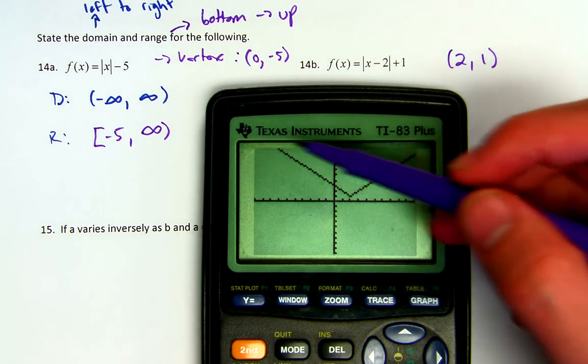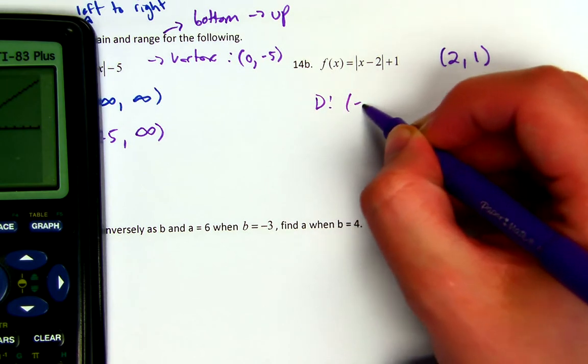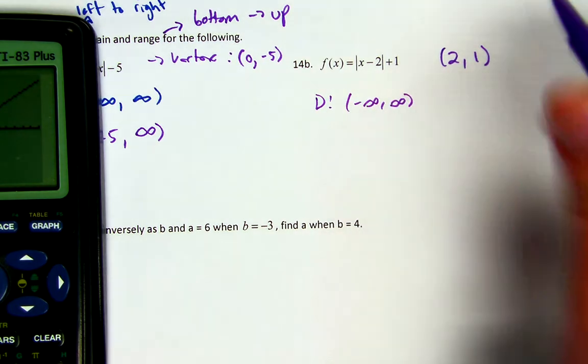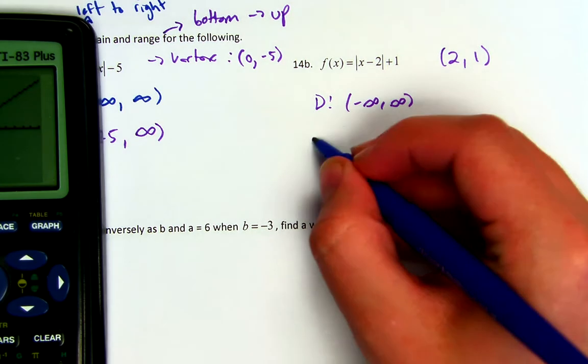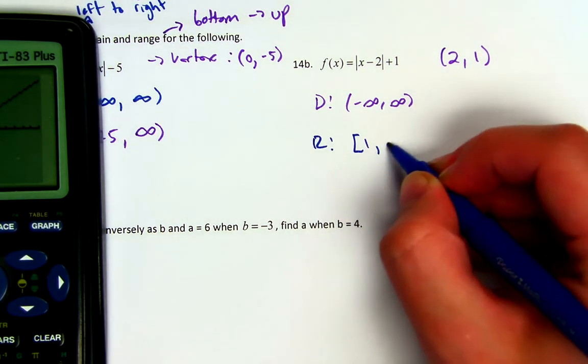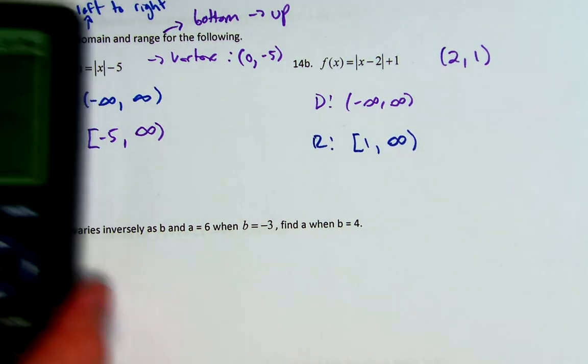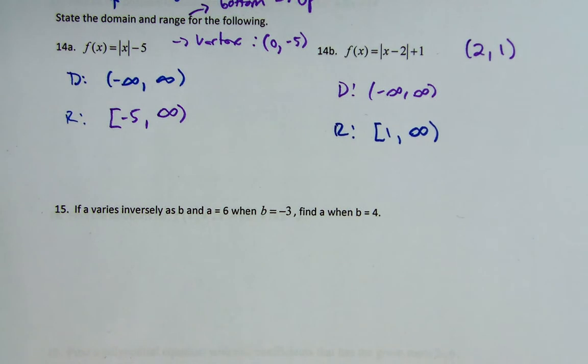Arrow off to the side, so left to right, I hit everything. So domain is everything. In my range, we're going to start at 1 and include it, and we're going to go to infinity. So that's domain and range. Using your calculator is probably the best tool for those.